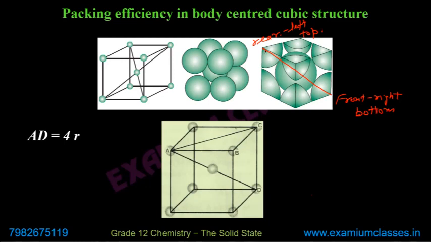So in that case, if you name this A, this one B, C, D like here, then AD will be equal to 4R. AD will be 4R because here it will be R of this, R of this, and this will be 2R, the diameter.